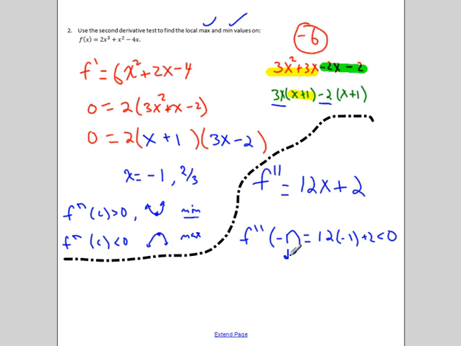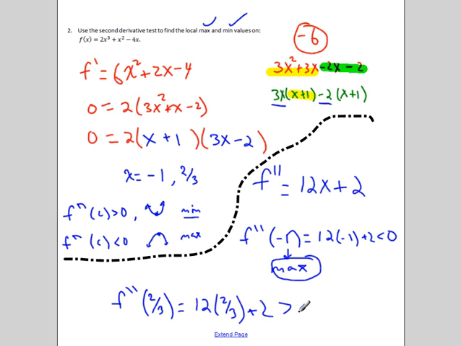Therefore, this is a max. And our second derivative at 2/3: we have 12 times 2/3 plus 2. This is greater than 0. Therefore, it's a min.